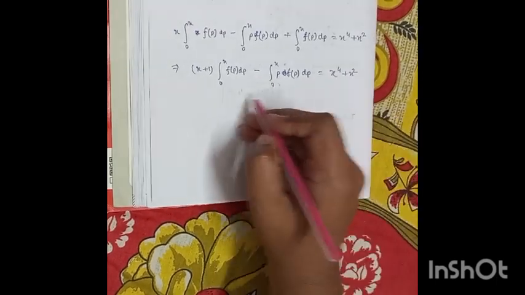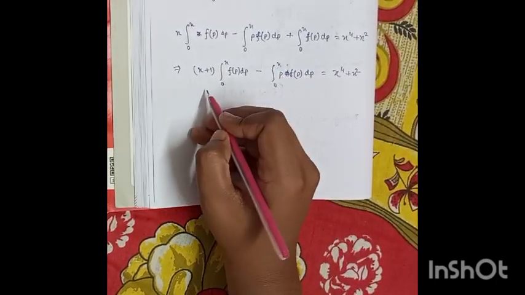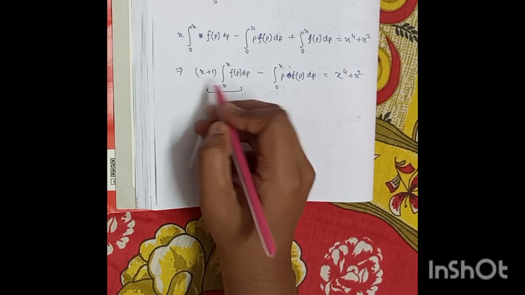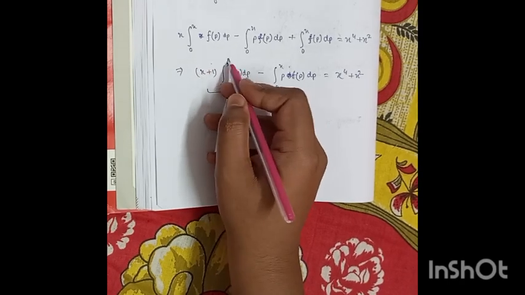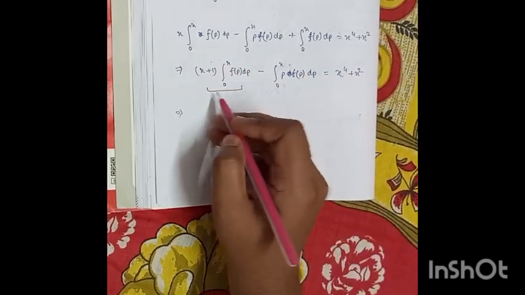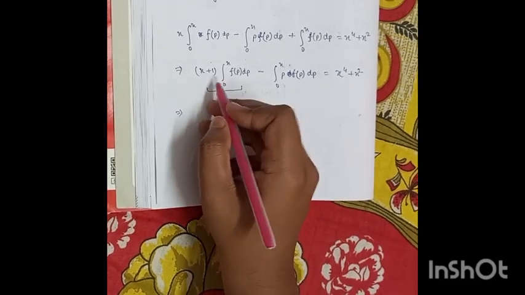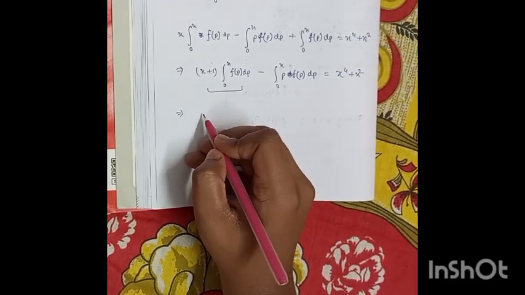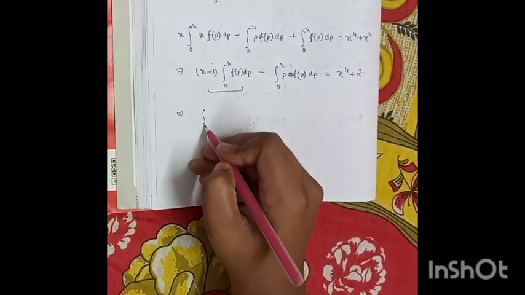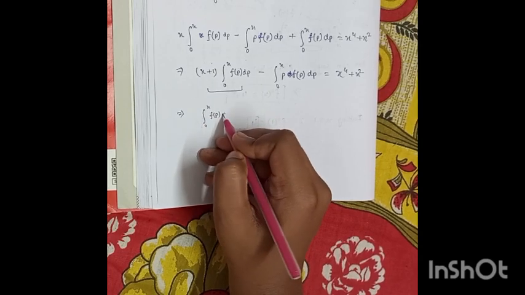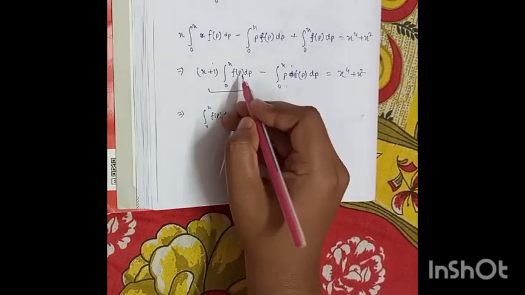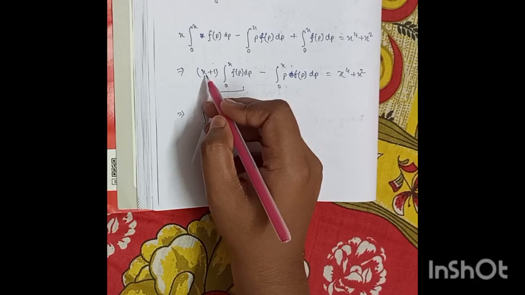Now we apply the Leibniz rule here. This is a product of functions of x, so this is u(x) and this is v(x). We apply the product rule of differentiation here. The derivative of the first, that means 1, times the second function, plus the derivative of the second times the first function.